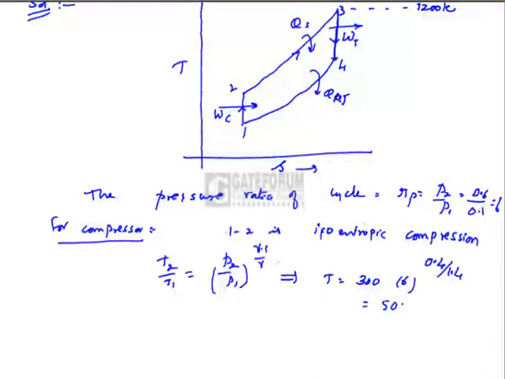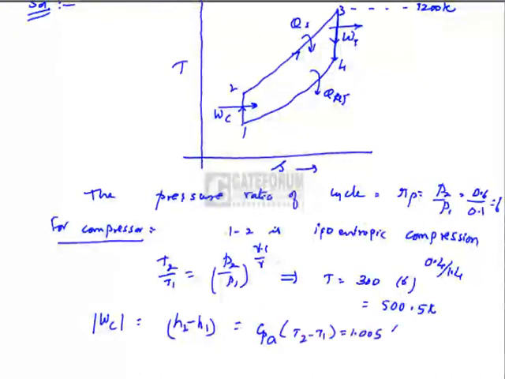The T2 is 500.5 Kelvin. Work of compression is equal to H2 minus H1, that is Cp of air into T2 minus T1, that is 1.005 into 500.5 minus 300. This is equal to 201.5 kilojoule per kg. This is the work of compression.